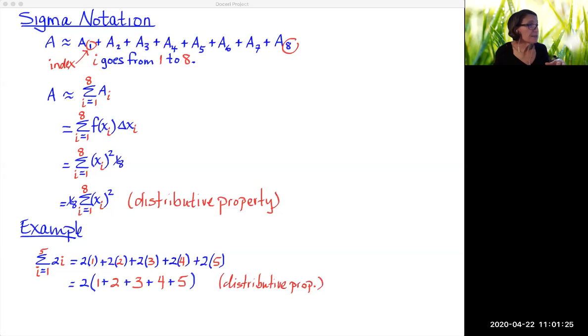So I'm going to stop here. We can't go forward. So what I'm going to do is give you a short assignment just on sigma notation. Maybe I'll have you do a couple of area problems, but not a big assignment.